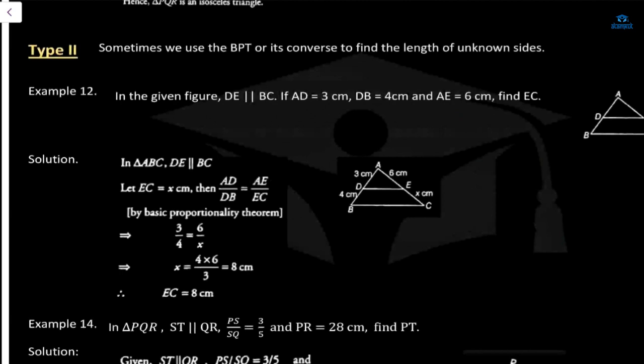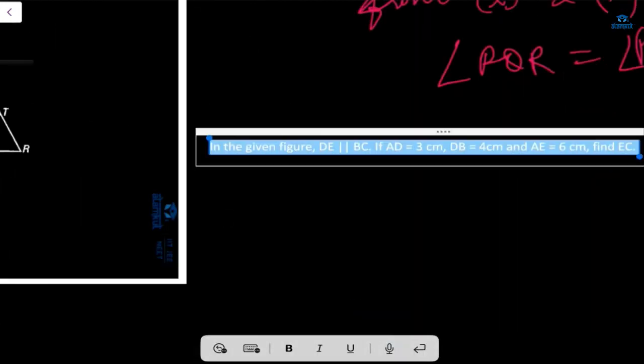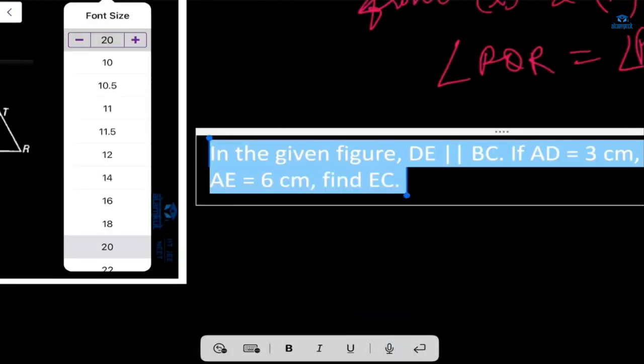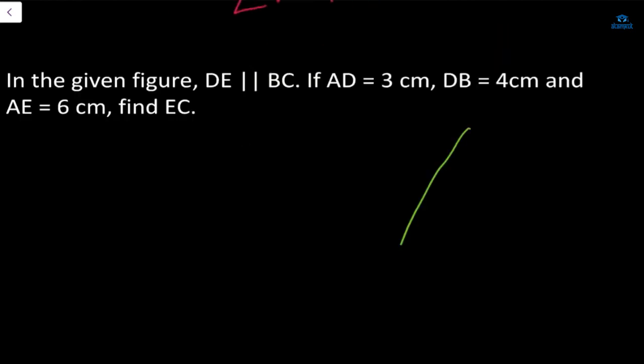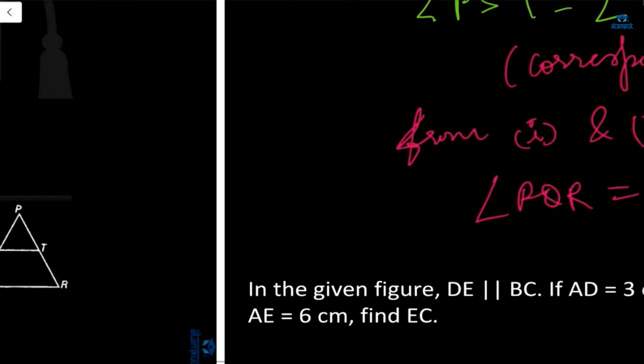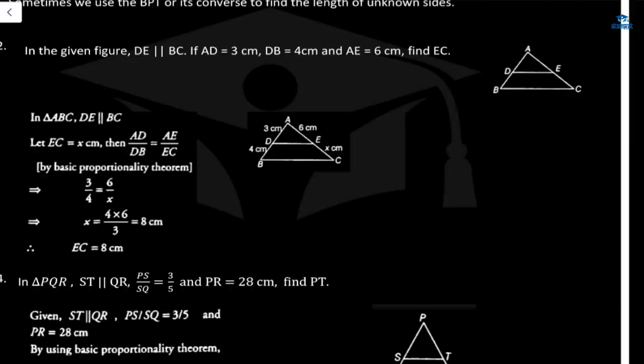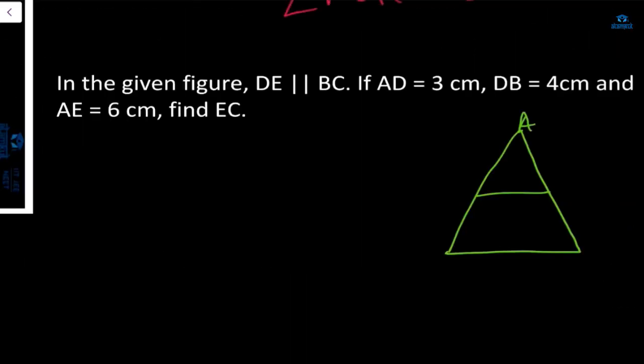This is very easy. I'm not drawing the figure. The figure is very easy and simple, it's just a triangle with A, B, C, D, E. You need the measurements. Try it.